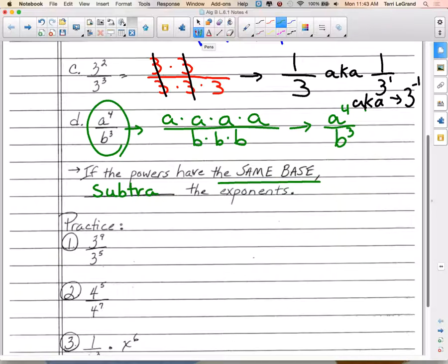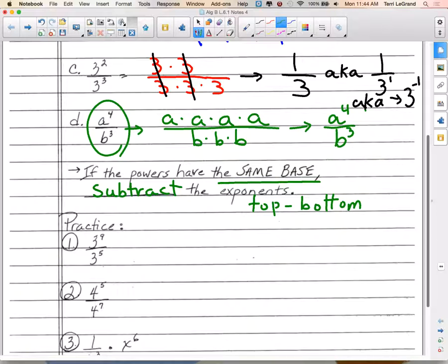And does order matter in subtraction? Yes, and we decided we're going to take the top exponent and subtract the bottom. So you might want to add that in your notes too, to remind yourself: I have to start with the top exponent, and I have to subtract the bottom exponent if I'm going to take this shortcut.